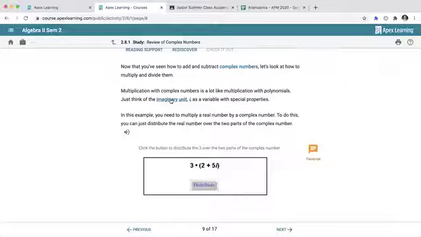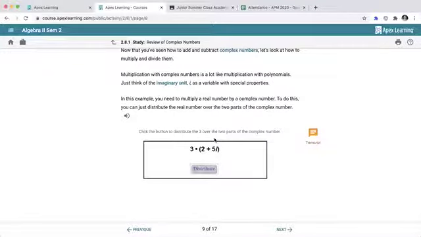Then we just keep in the back of our head, i is equal to the square root of -1. It's just a thing. We know what it stands for. So we're going to treat it as a variable here. In this first example, we've got our binomial term, or our complex number here, and we're going to multiply it by 3.